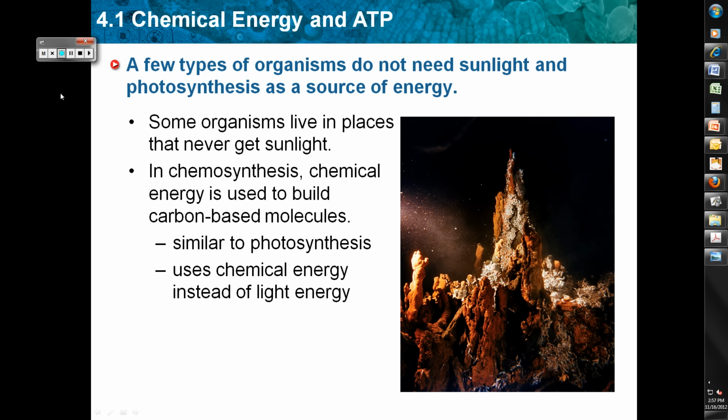Most organisms on Earth rely on sunlight, either directly or indirectly. Plants, of course, rely on sunlight to turn the energy of the sun into the carbohydrates that they then use in their bodies. Animals or herbivores will eat the plants, getting their energy indirectly from the sun.